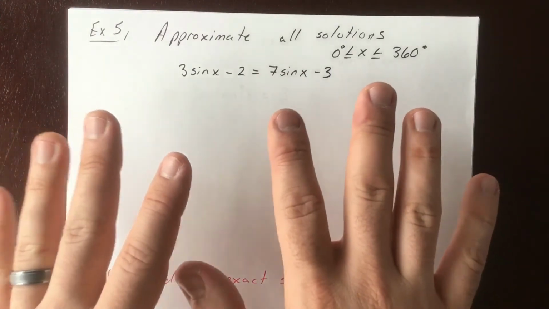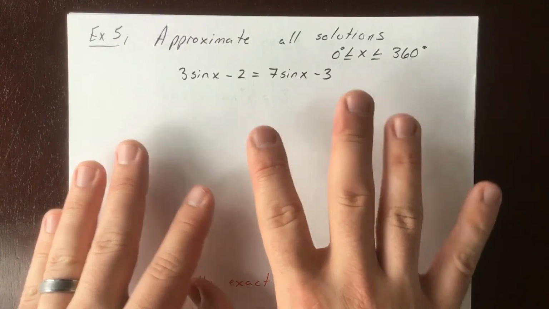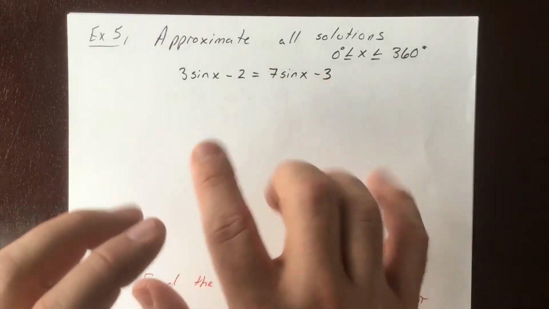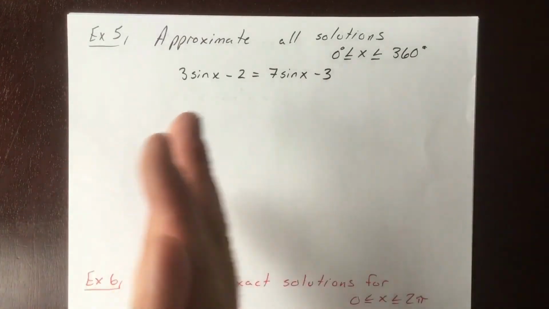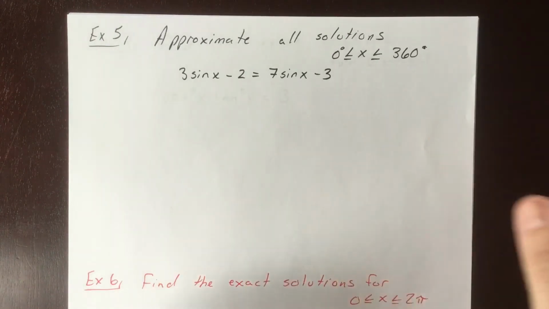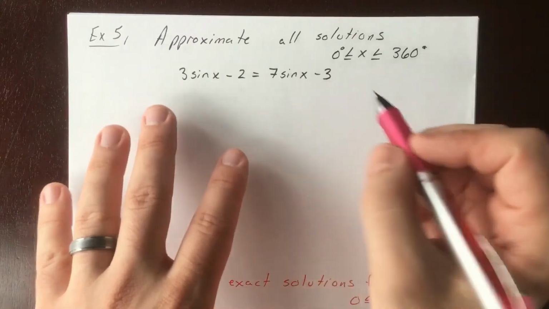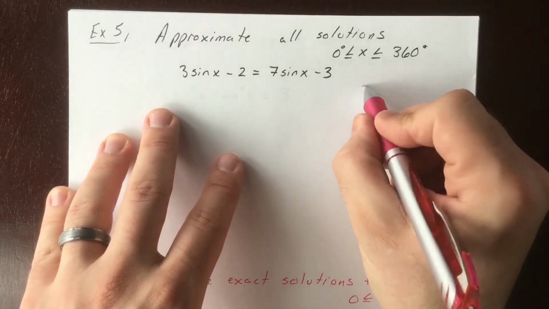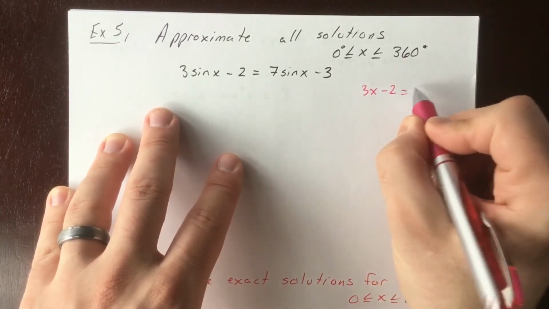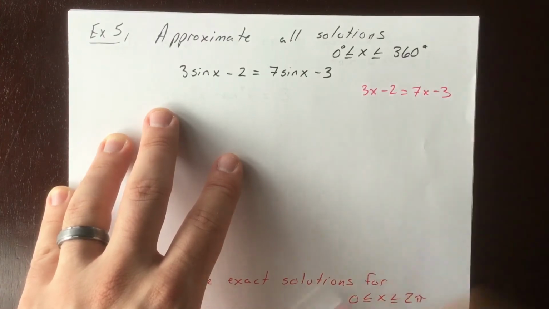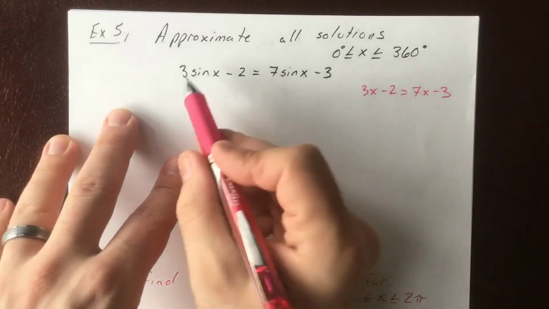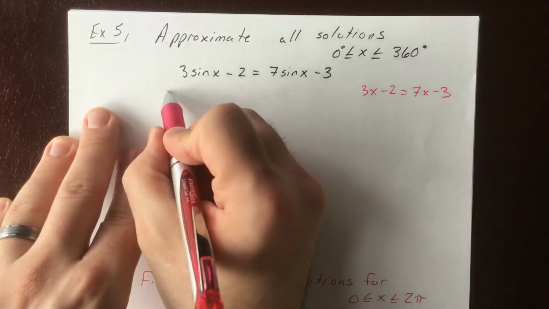That could work for you here, but I'm thinking that's going to make it really challenging because of just the nature of a sine and cosine graph with it oscillating. So let's solve this. I'm seeing this as 3x minus 2 equals 7x minus 3. So I would move my 3x to the right.